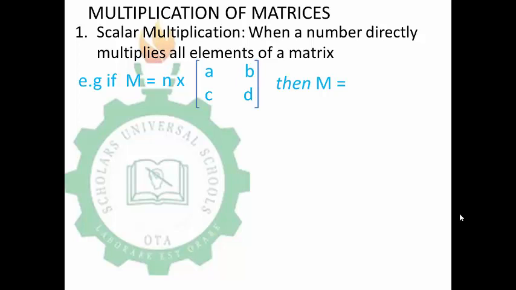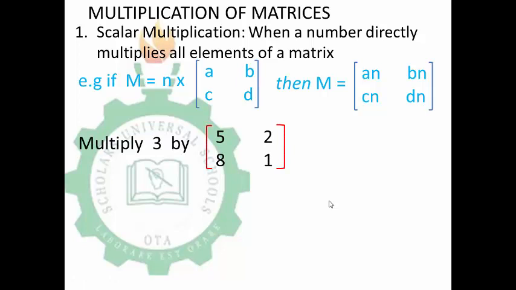It can be an integer and can be a real number. Then M will be equal to AN, BN, CN, and DN. It simply means that you have direct multiplication of N multiplied by A, AN, N multiplied by B, BN, N multiplied by C, CN, and N multiplied by D is DN.